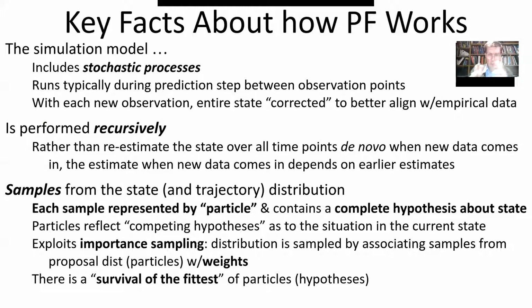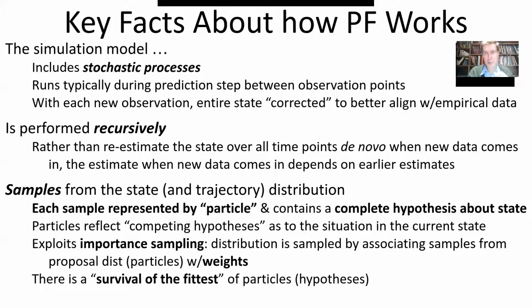But it runs it forward in a way that with each new observation, the understanding of the state of that model is corrected to align with the new data. And that process is performed recursively. When we get a new observation, say a new wastewater reading, we don't have to reconsider all previous ones. We just consider this new one and update the current estimate in light of that.